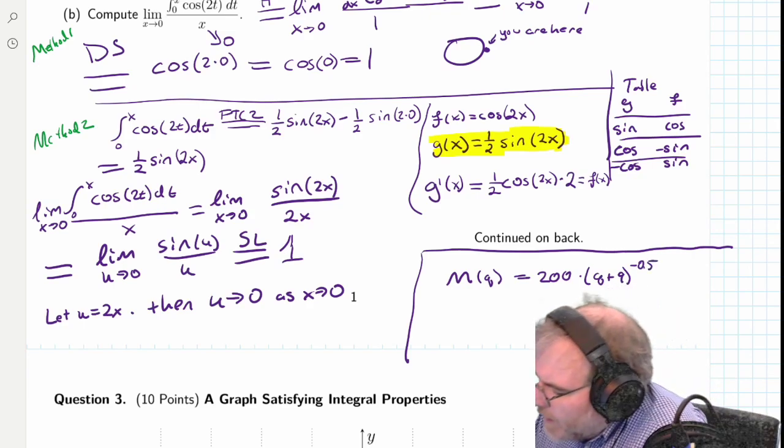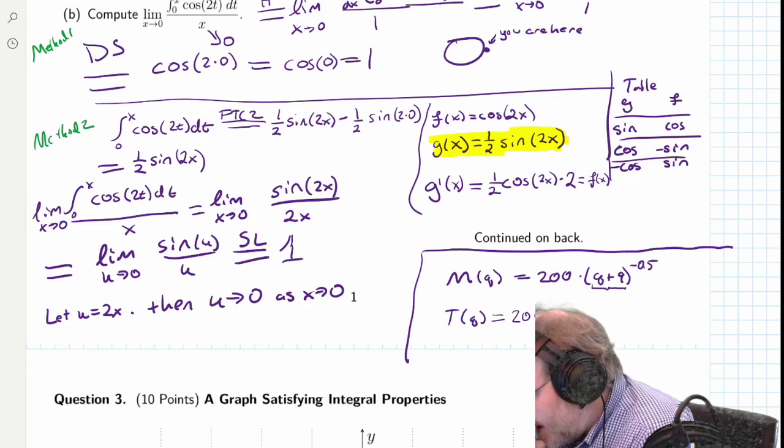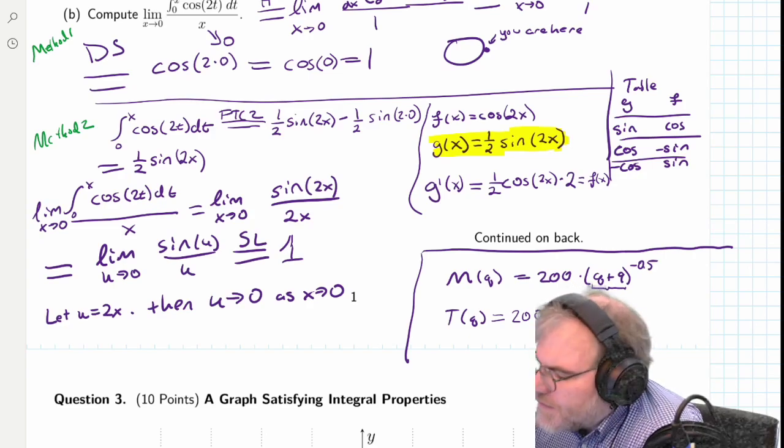Now, what I'm going to do, when I want to take the antiderivative of this, all right, the 200 just hangs out. Now, I'm going to treat this thing as a block, okay? And I'm just going to say, okay, what if that was the variable?